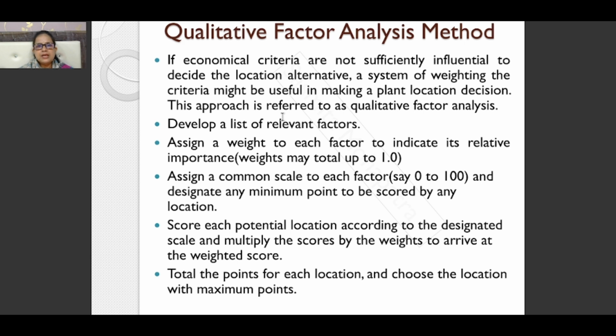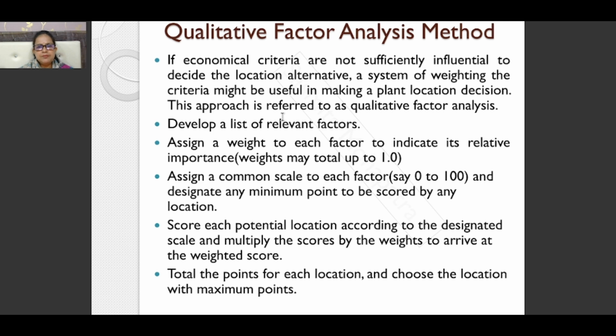Then we have to assign a scale between 0 to 100 and designate a minimum point to be scored by any location. So we have to put a value.